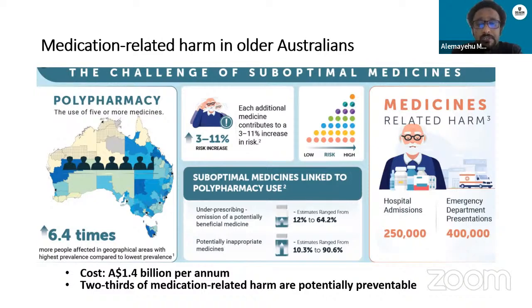This costs the Australian healthcare system $1.4 billion per annum. Surprisingly, two thirds of this medication-related harm is preventable, so there is potential for pharmacists to engage in reducing such harms. How? We'll see later.